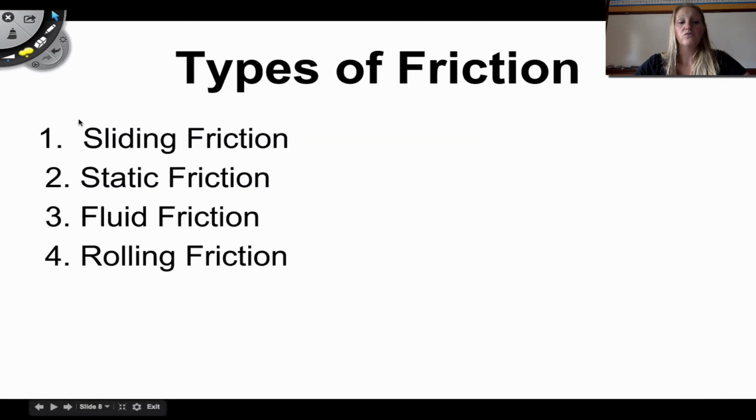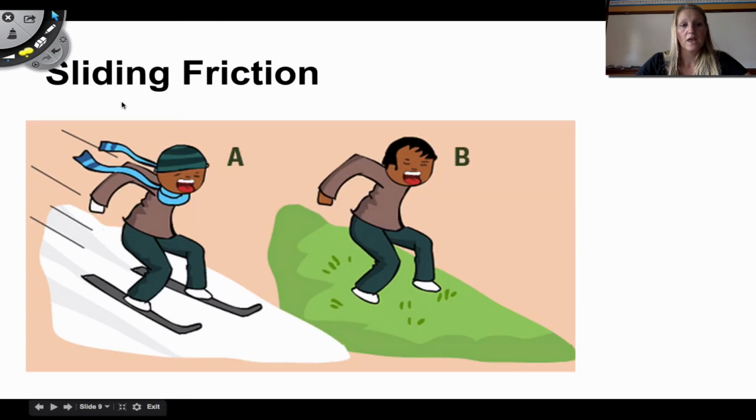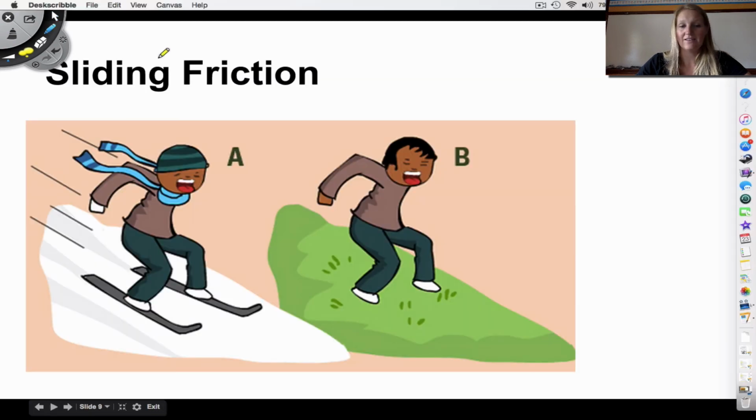Okay, there are four categories of friction, and we're going to go through each one of these. So there is sliding friction.